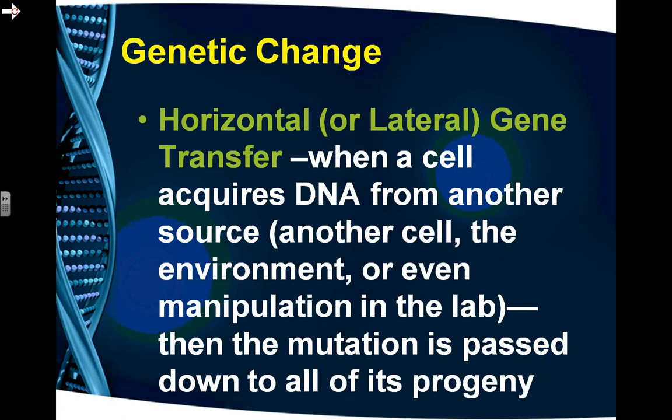Horizontal, sometimes some books call it lateral, so you may see that when you get to college. We're going to talk about it as horizontal gene transfer. But this is when a cell can acquire DNA, a piece of DNA, a gene, a strand of genes, a section of a chromosome, whatever, from any other source, whether it be another cell, or free floating out in the environment, or when you talk about lab research, scientists are able to actually implant pieces of DNA into bacterial cells and then be incorporated into the genetic code of that bacteria.